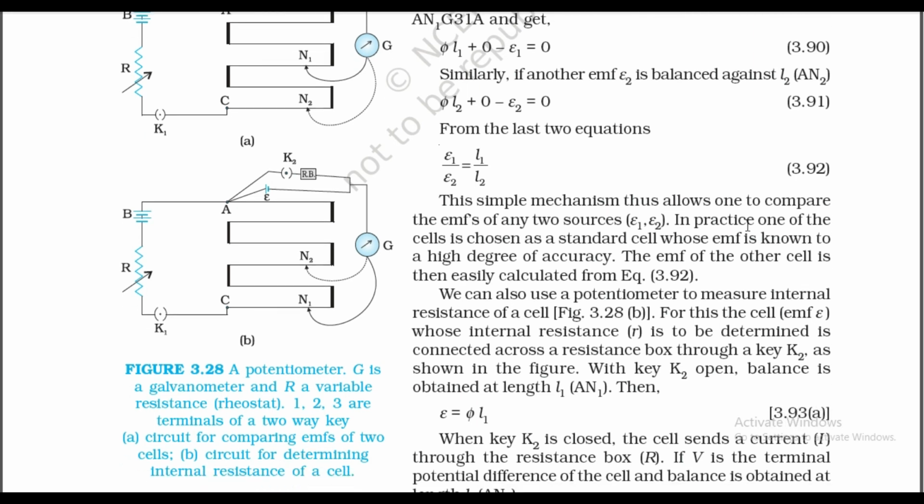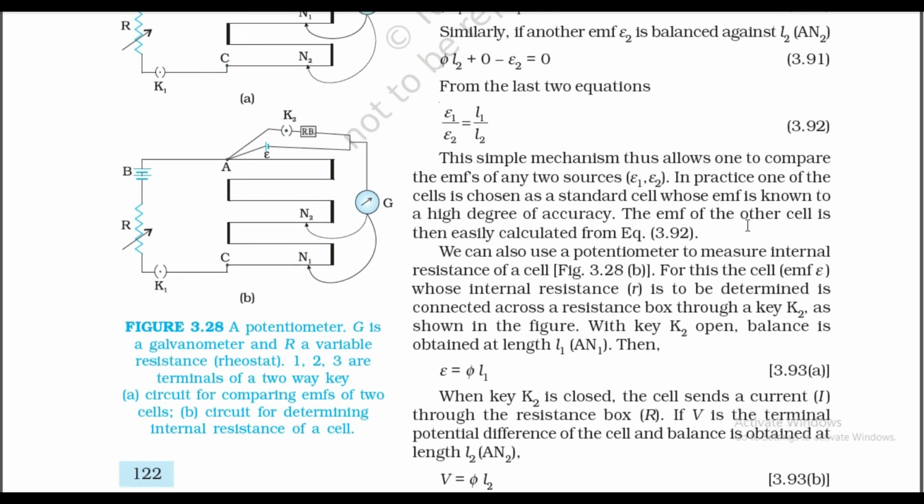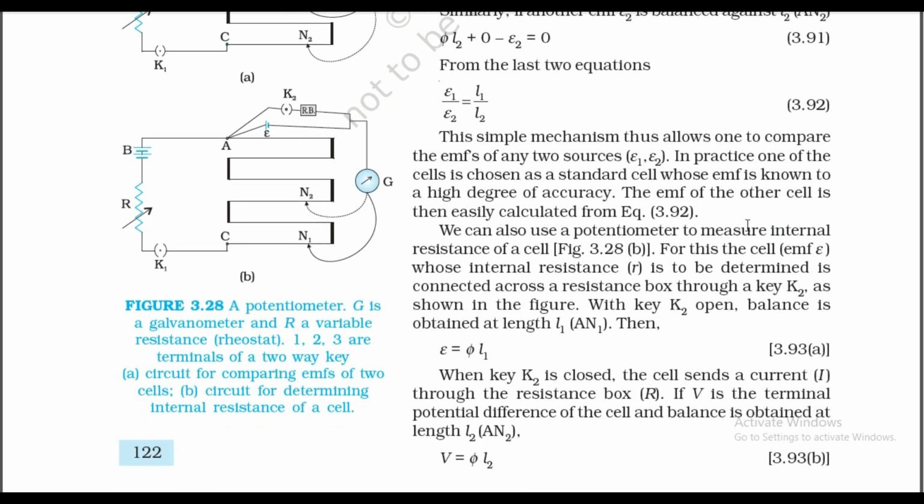From the last two equations, ε1/ε2 = l1/l2. This is a simple mechanism that allows one to compare the EMFs of any two sources. In practice, one of the cells is chosen as a standard cell whose EMF is known to a high degree of accuracy. The EMF of the other cell is then easily calculated from equation 3.92.